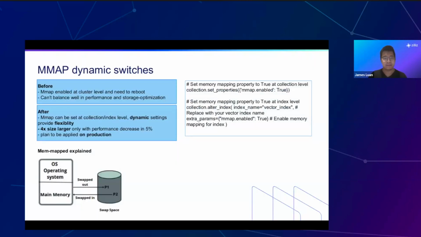When it comes to cost efficiency, we have the mmap solution. Before that, all the vector data was directly loaded into memory. Even if you're using a disk index, where the original data is on disk, we also keep a smaller index in memory, and it takes a lot of storage resources. But in some use cases, if you don't really care about performance and just want to lower your cost, one other choice is to map everything onto local disk.